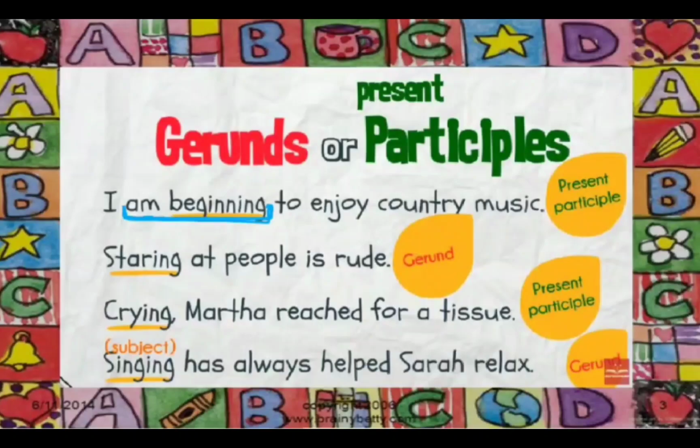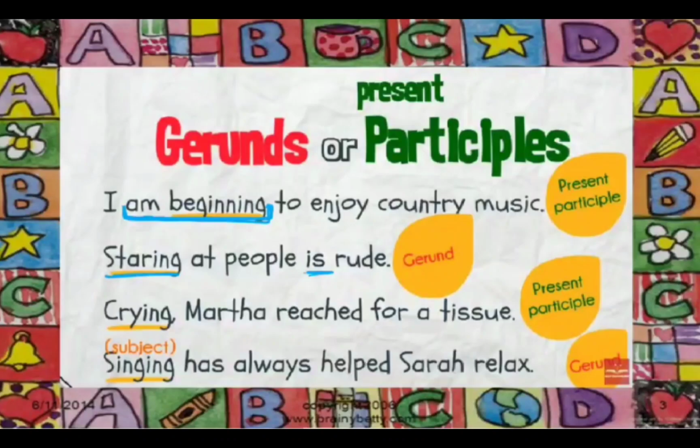Here, staring is more like an activity. People like doing it. People like staring at others. In that case, staring here is the subject of the verb, and hence it is a gerund.